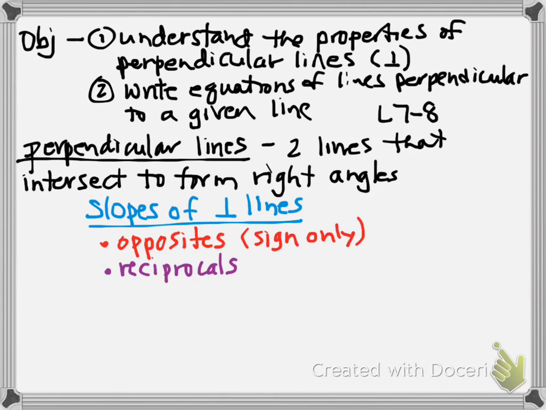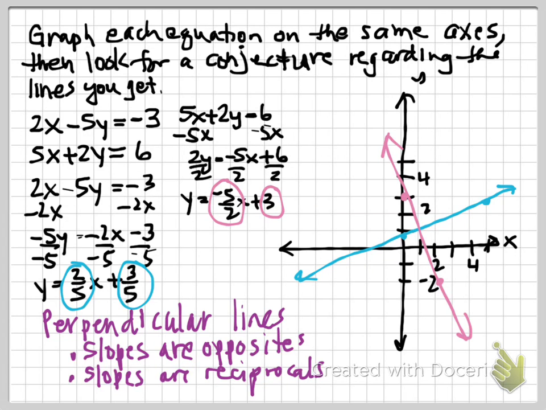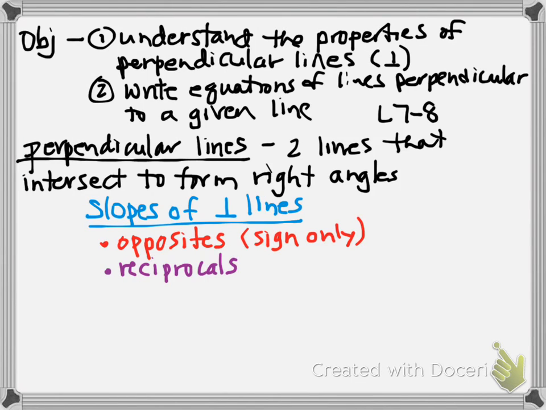Okay. So let me ask you this question. If my two slopes were 2/5 and negative 5/2, do they meet the definition of slopes of perpendicular lines? Are the signs opposites?